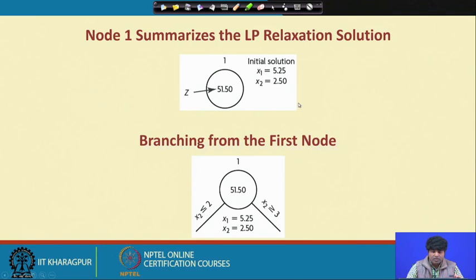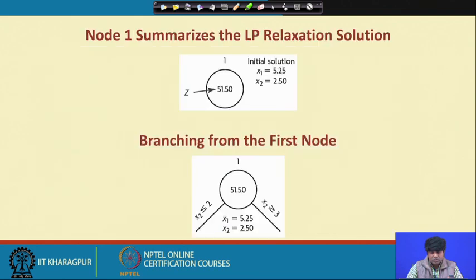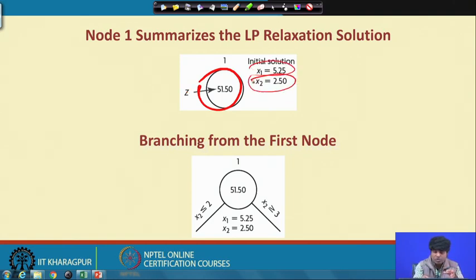After solving this problem, the initial solution gives a z value of 51.50, which is not actually our requirement. Our requirement is to check whether the values of the decision variables are integer type or not.